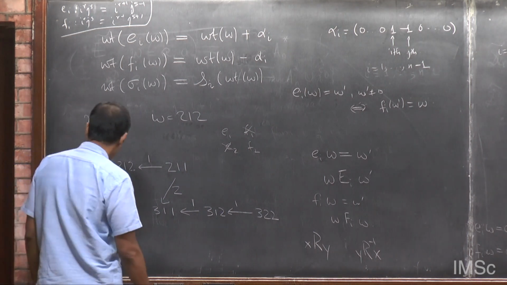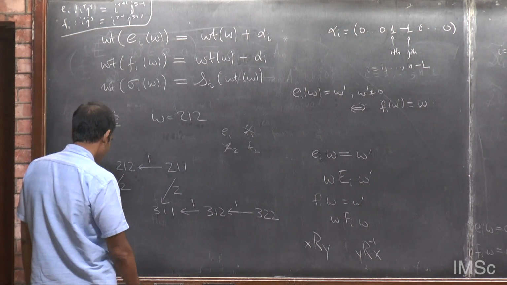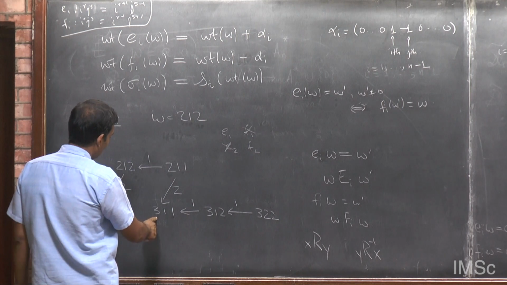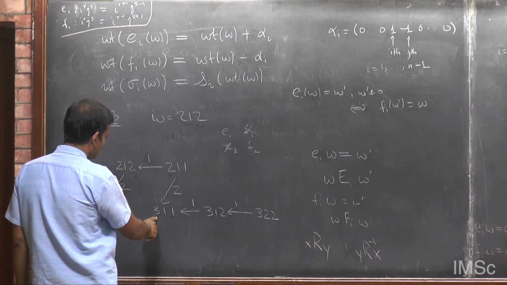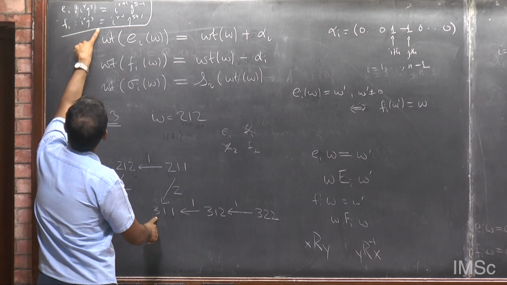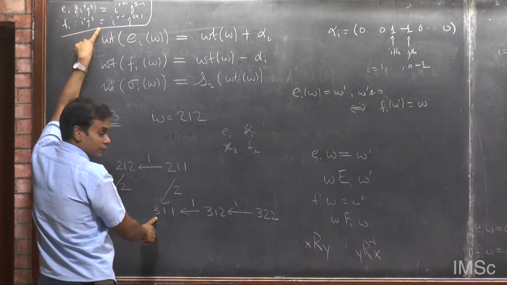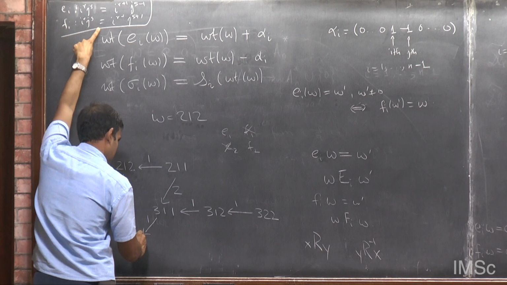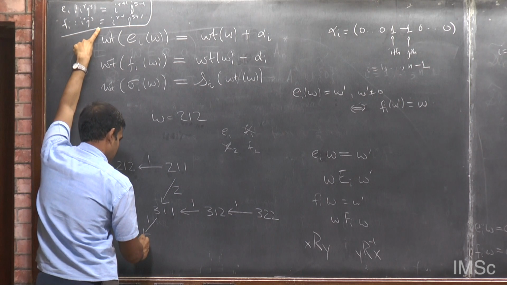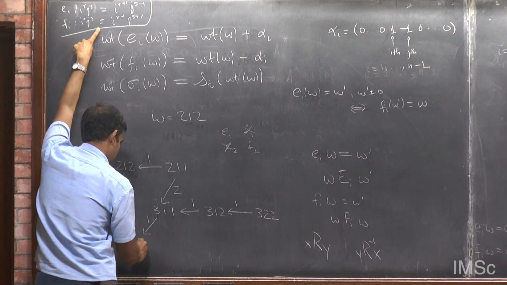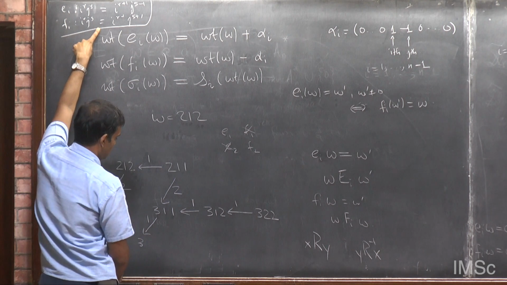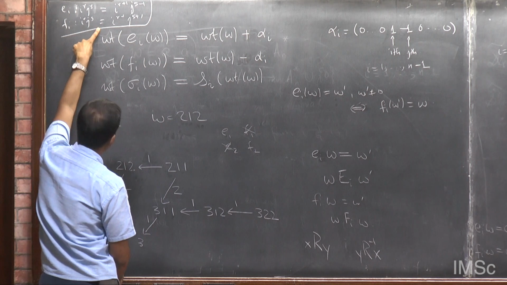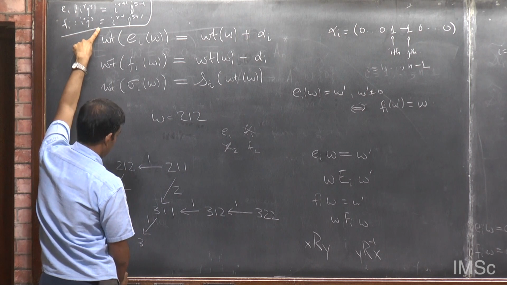So what else can I apply here? If I freeze the 3s, I have two 1s, so I can apply F_1 two times, right?